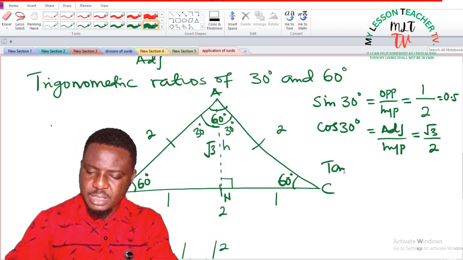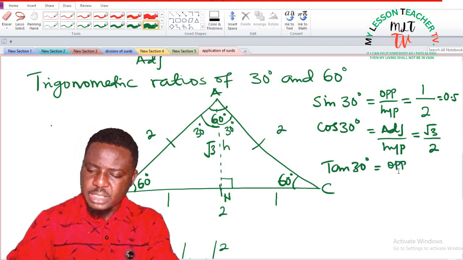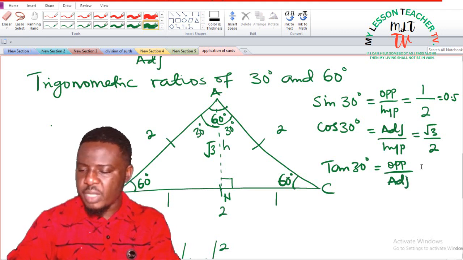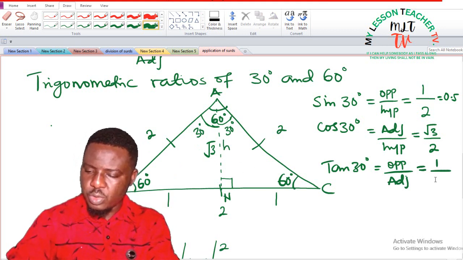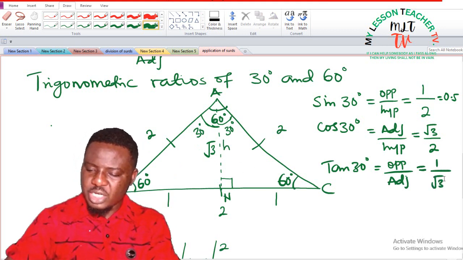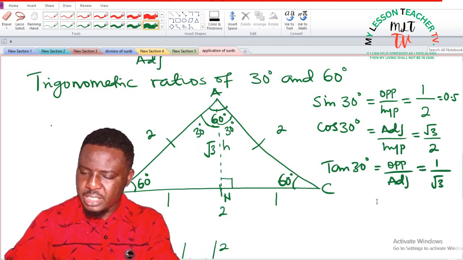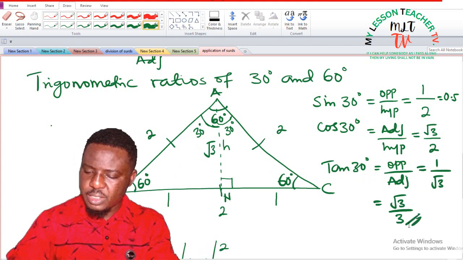While tan 30 degrees is equal to the ratio of the opposite side to the adjacent side. And the opposite is 1 divided by the adjacent, which is root 3. So when you rationalize tan 30, it is equal to root 3 over 3.